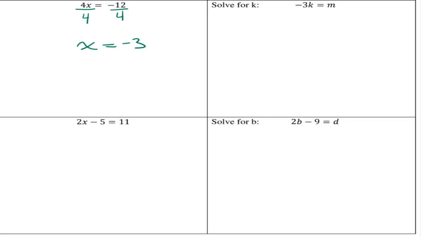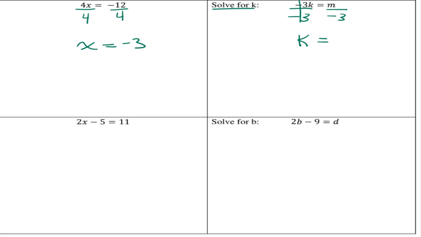Over here, I'm telling you I have to solve for k, so I have to get k by itself. To get k by itself, I have to see what operations are around it. Here is multiplying, just like here. So to undo the multiplying, I'm going to have to divide. Dividing both sides by the same number to get my k all by itself. Now, do I know what m is? I have no idea.